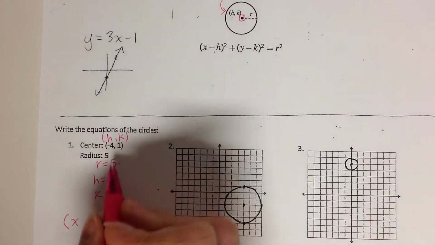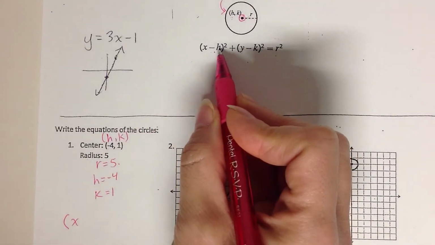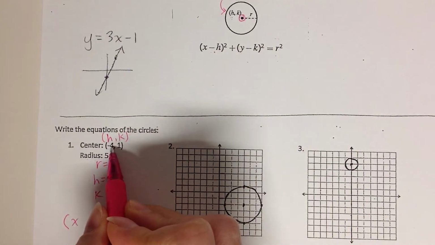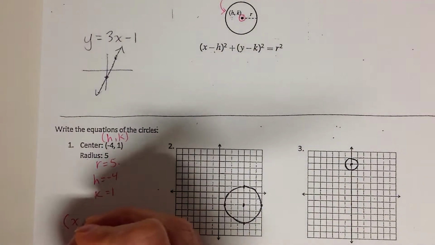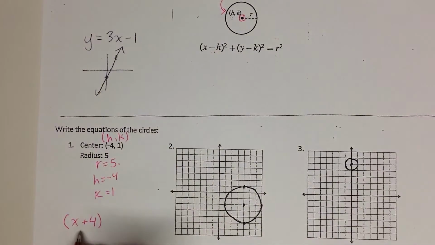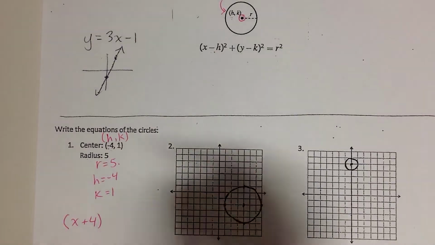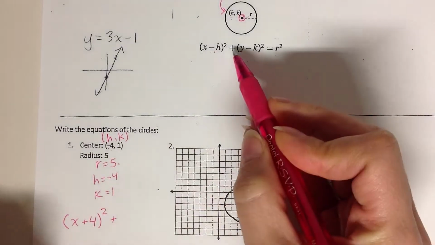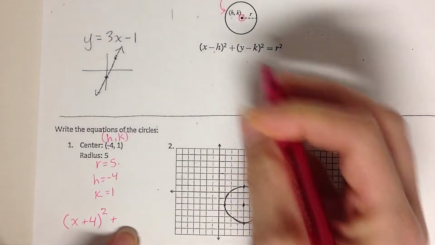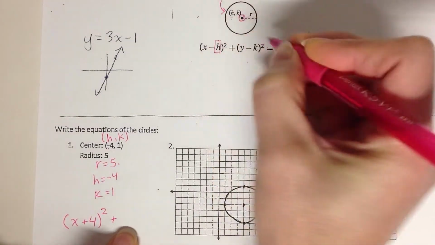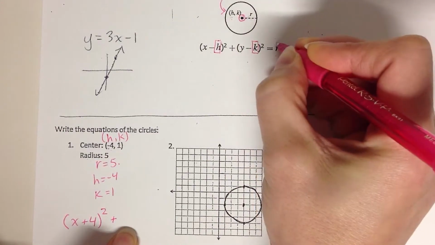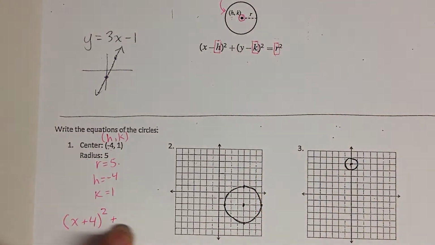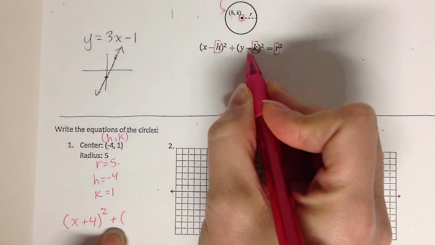So, because this is minus h and h is -4, minus a negative, again, it's just always going to be the opposite of that. So if h is negative, this becomes +4. Okay, don't forget the square. Plus, I'm literally just writing this down, right? I'm substituting something in here, here, and here. That's what I'm doing.